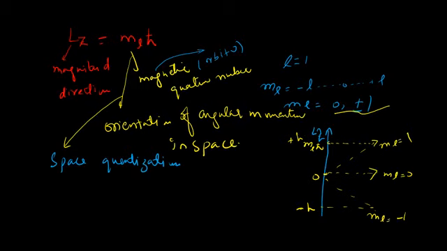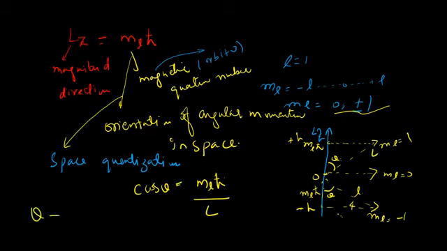So if we consider this, cos theta will be equal to ML h cut divided by L. If this is L and here this is ML h cut, this one is the angle theta between L and LZ.